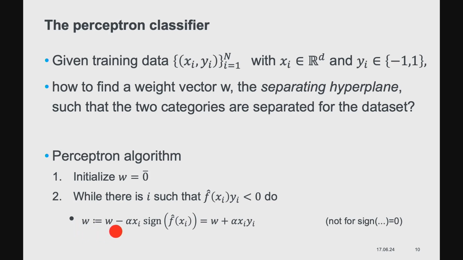Namely, we take the weight vector that we have so far, and then we take this data point times the sign of our prediction function, and this sign is the wrong one, and therefore we negate it. And then we also have a learning rate alpha, and we basically change this wrong sign by subtracting a little bit in the direction in order to get the right kind of sign for this particular data point. Well, for 0, of course, we have to think about what to do.